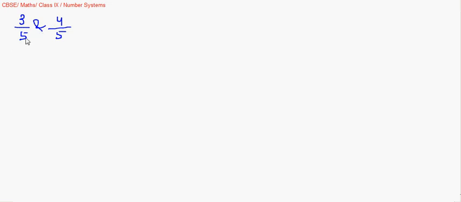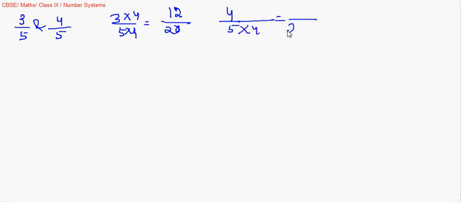So I would prefer changing the denominator to another common denominator, maybe a little bigger one, maybe 20. So 3 by 5 would become 12, and the other one, 4 by 5, would become... no, this is not giving me as many numbers as I wanted.